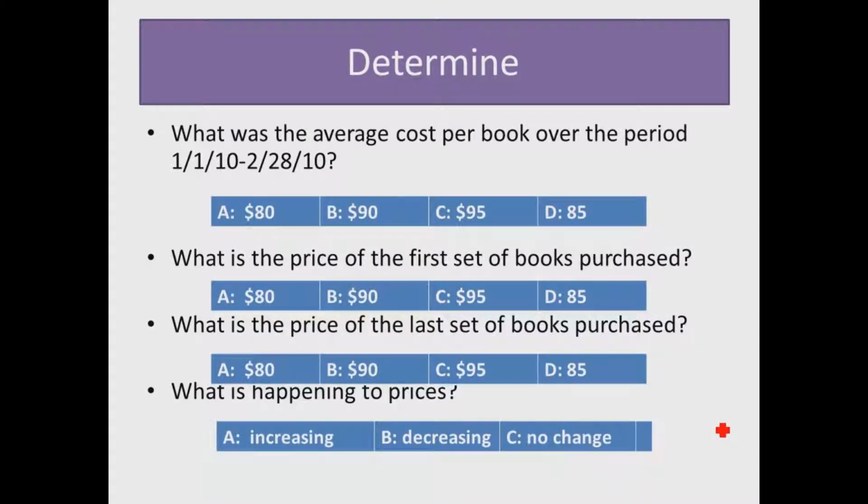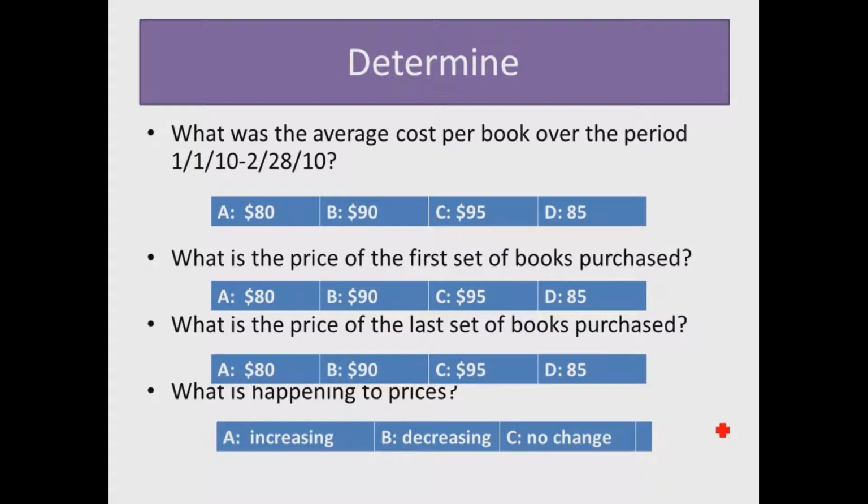What is the price of the first set of books that you purchased? Okay, 80. So when you think about first in, first out, if you were to sell just 100 books, you wouldn't literally be selling the ones that cost $80, but from an accounting perspective, you would be selling the ones that cost you $80.